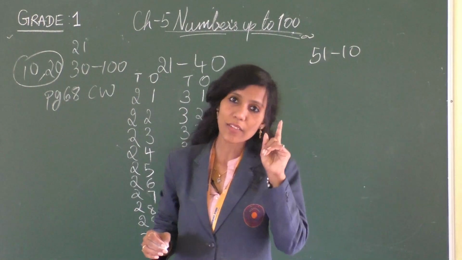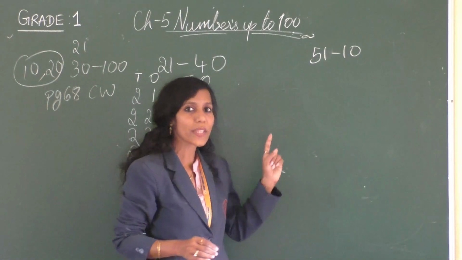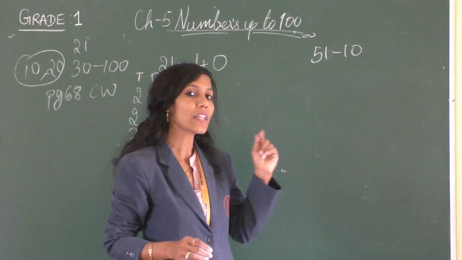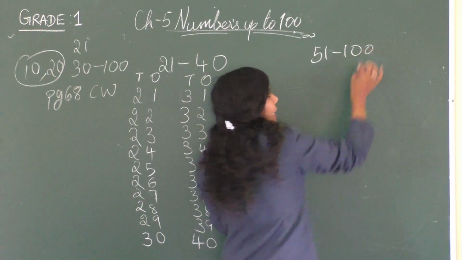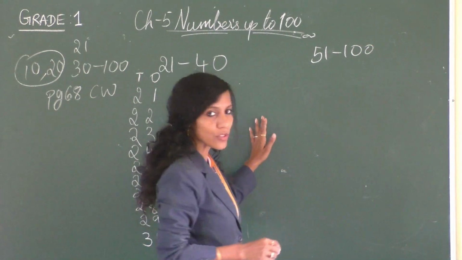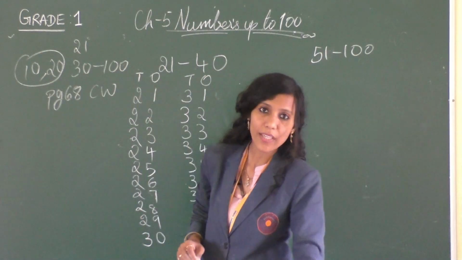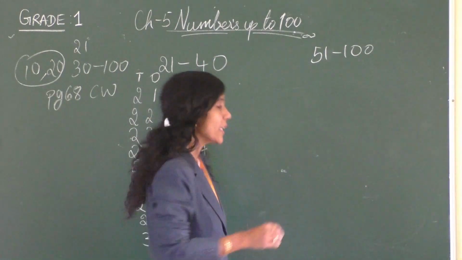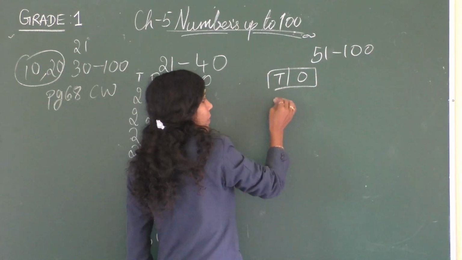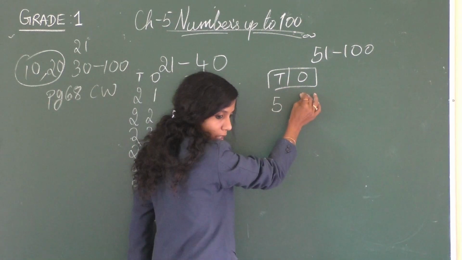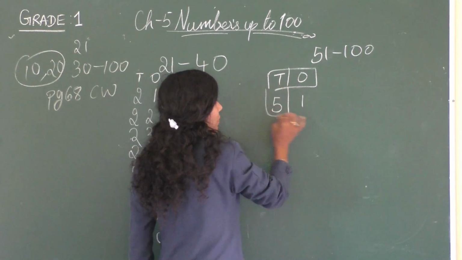We did 1 to 20 in the first chapter, then 21 to 40, next 41 to 50. This is 51 to 100. Here it is the same thing as the previous one: tens, ones, 5 and 1.